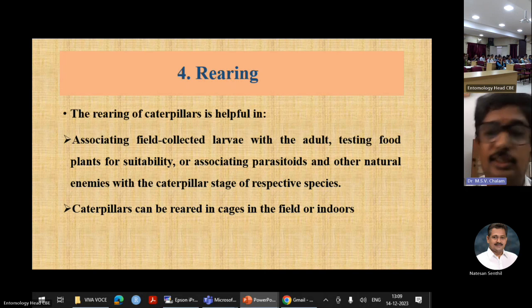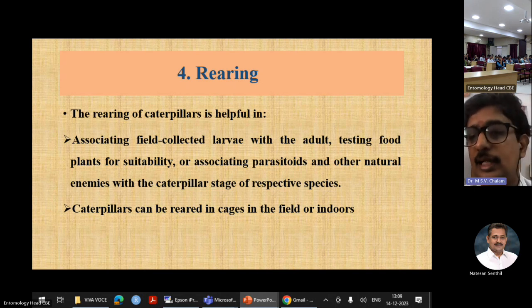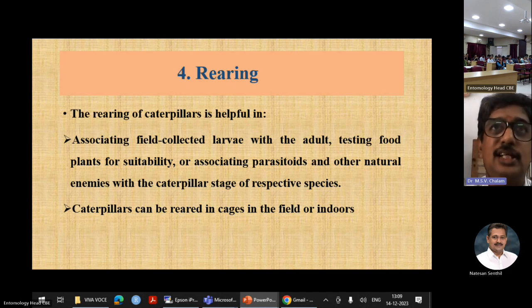Before that, get confirmation of the adults from a Lepidopteran taxonomist, so that you are 100% sure that your chaetotaxy studies will never go wrong. So for such cases, we have to rear the caterpillars.